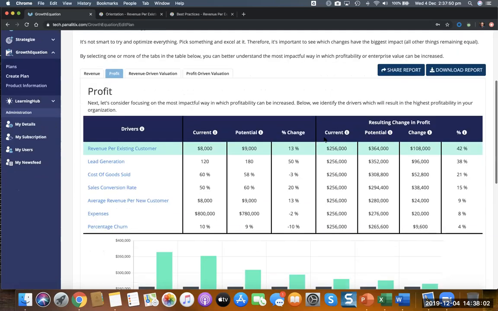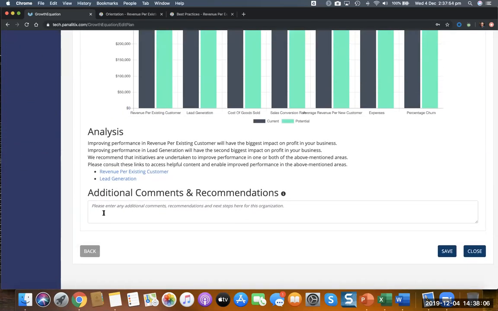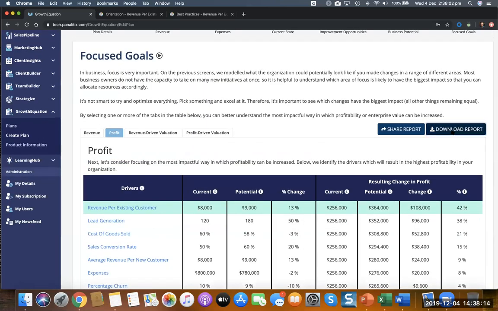What you can also do here is as you're going through the meeting with the client, you can take some notes in this particular space here as to the conversation that you're having. And any notes that you take will come through in a report which you can download. And that report will summarize everything that you've gone through with the client.